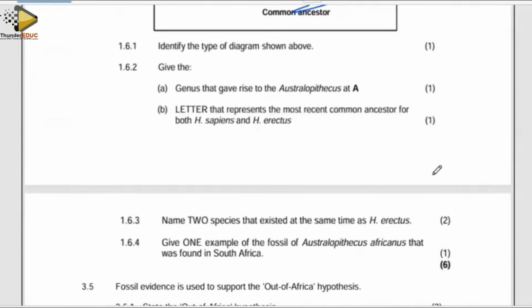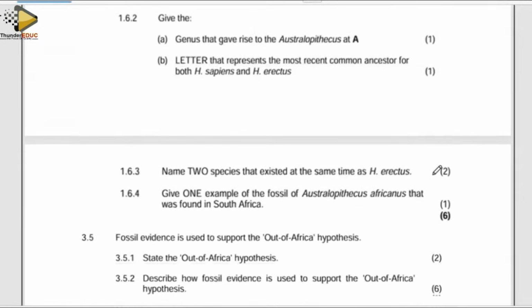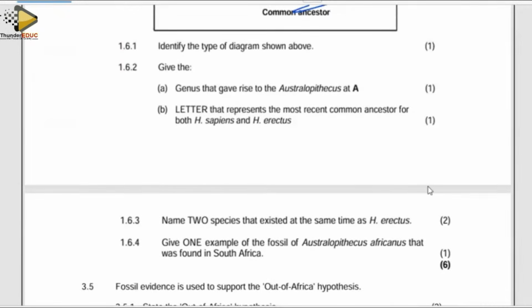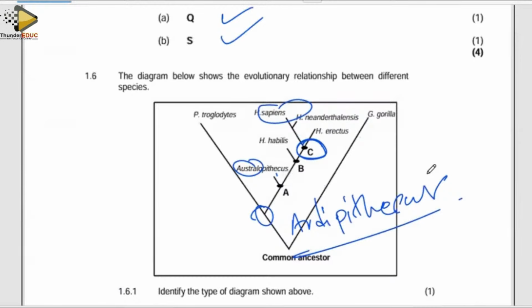And then they are saying name two species that existed at the same time as Homo erectus. Where is Homo erectus? Homo erectus is here, so I'm going to have to draw a line.